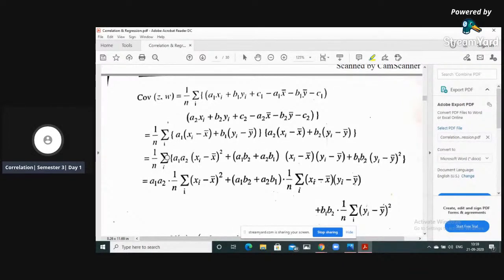you're getting summation a1 a2 (xi minus x bar) whole square plus (a1 b2 plus a2 b1)(xi minus x bar)(yi minus y bar) plus b1 b2 (yi minus y bar) whole square. Next step, take the constants out and take 1 by n and summation inside the brackets. So you are getting this.